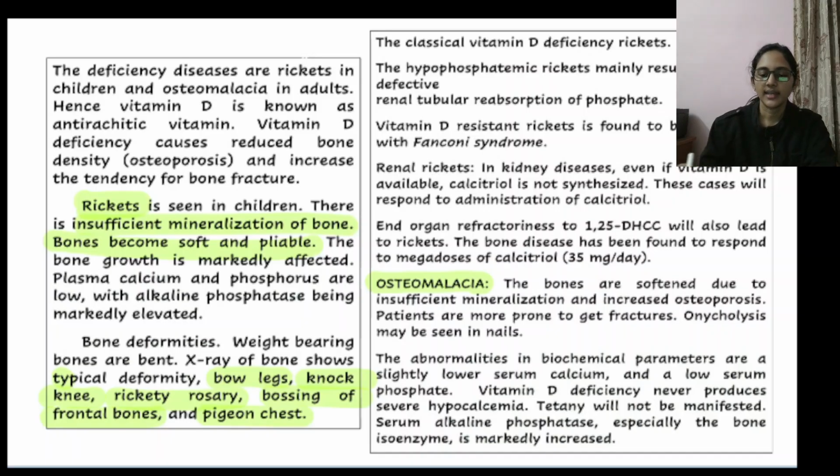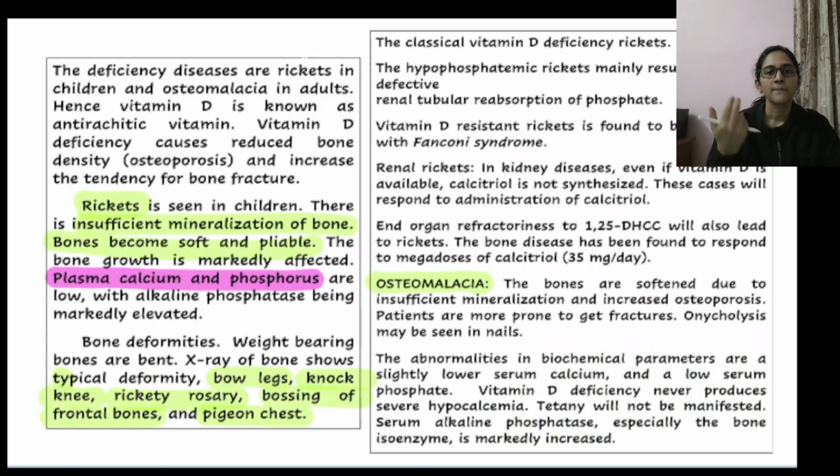Yes. So next, the important thing that you should remember is the blood investigations. You will find normal plasma calcium and phosphorus. You may find it low also, but even if it is normal, you shouldn't rely on it. The vitamin D level is the only thing that is going to give us the correct value. Why is it so?